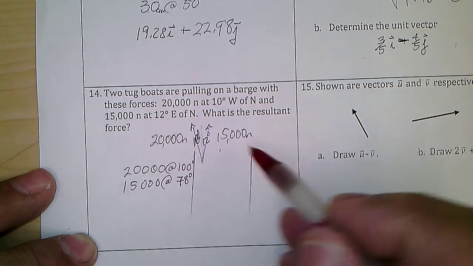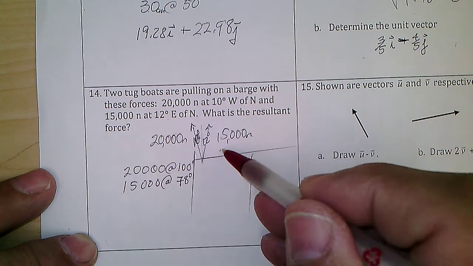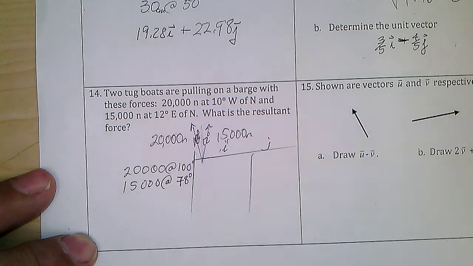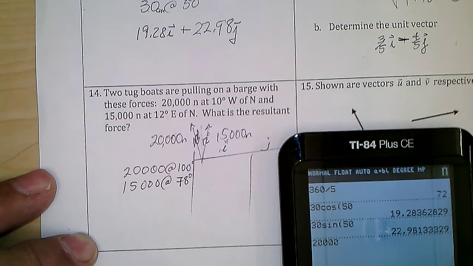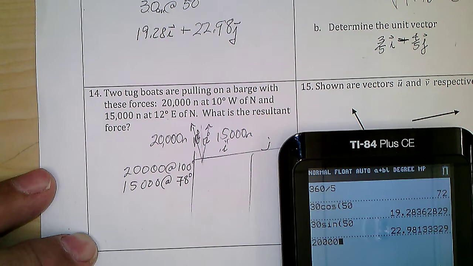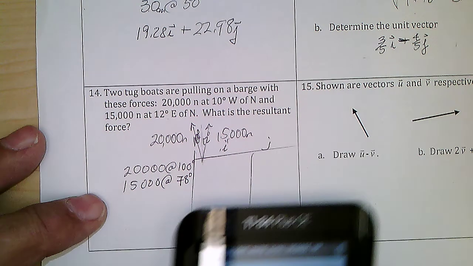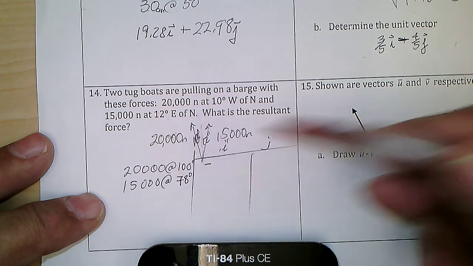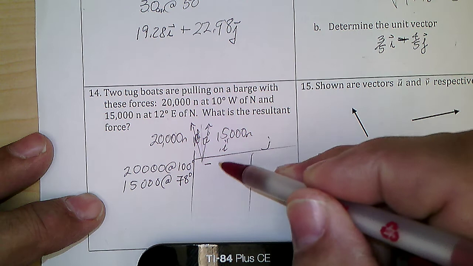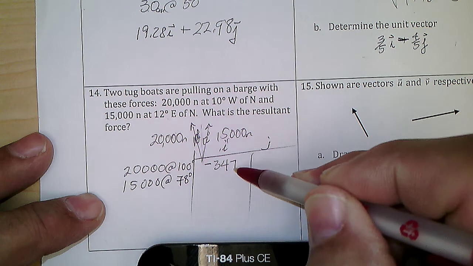And I would do the little table that I do, getting the i direction and the j direction, by doing 20,000 cosine 100, and that's negative, so it's going that direction, 3472.